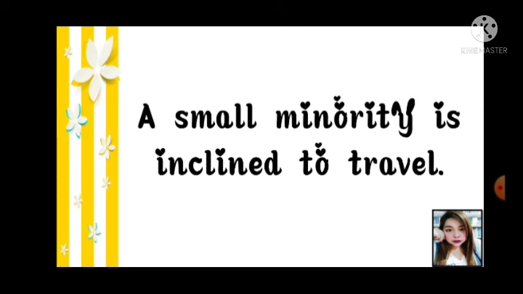So the verb here is the word "is." So this one is also correct because there are no clauses or anything that specify whether the word "minority" is 50% or less.